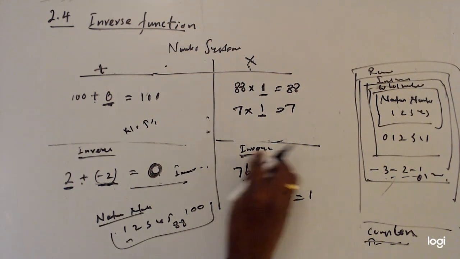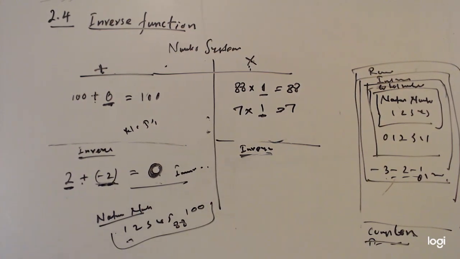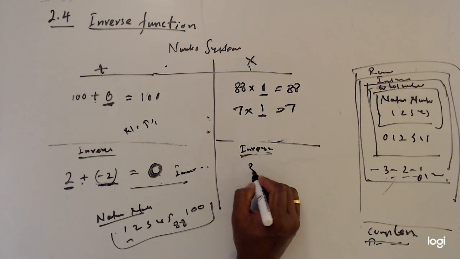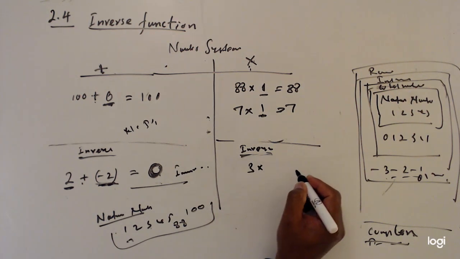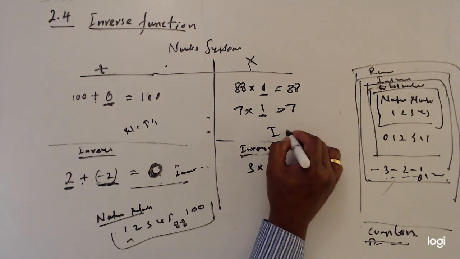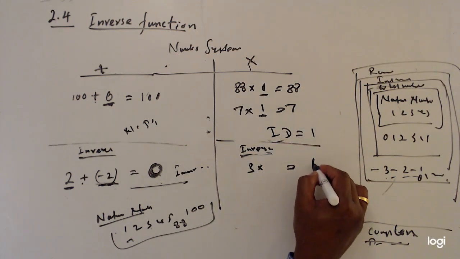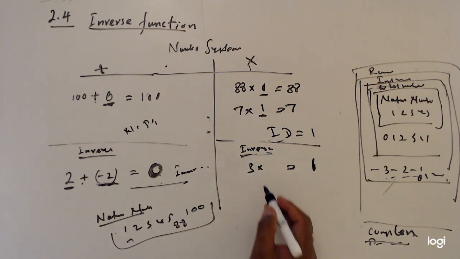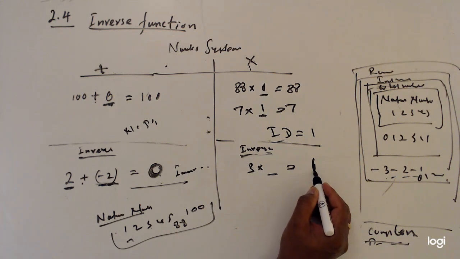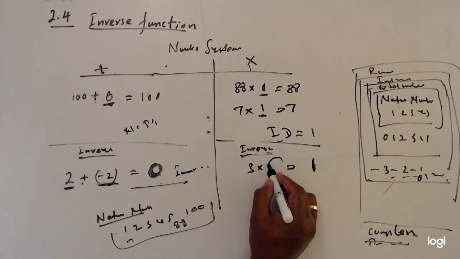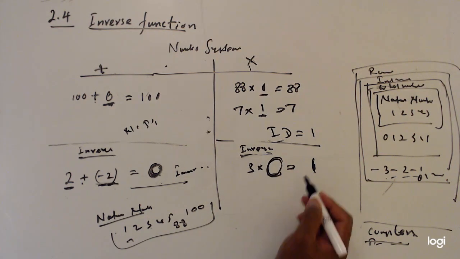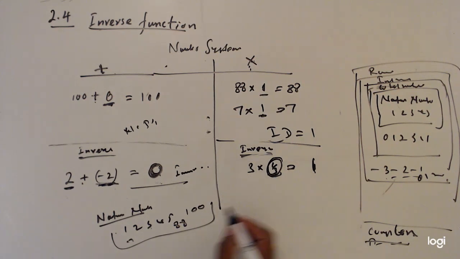How about the inverse now? So we pick 3. Now we know that the ID is 1. Is there any number here that when you multiply gives 1? We need 1/3. So one third is not a natural number.